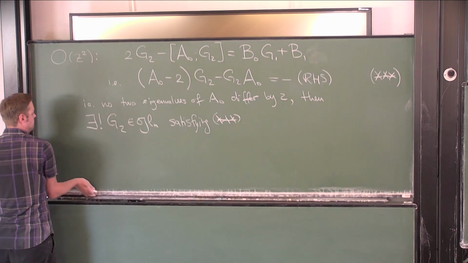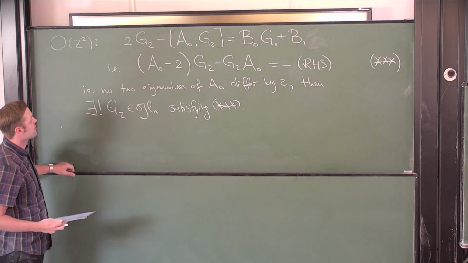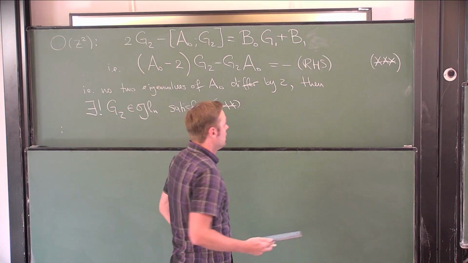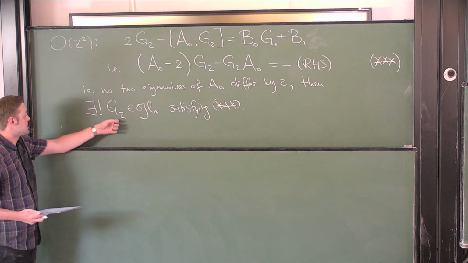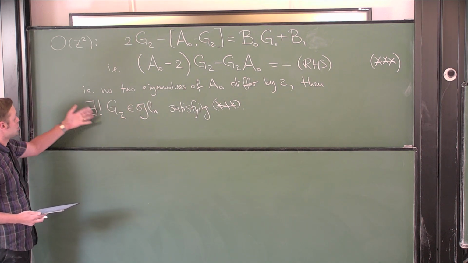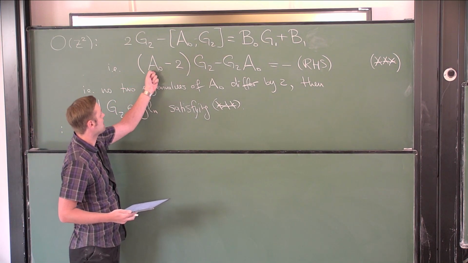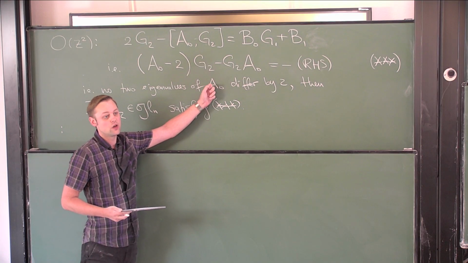And so on. I can keep going like this, and at every order k, in order to apply the same fact and get a guaranteed element Gk, I just need to ensure that no two eigenvalues of A naught differ by k.